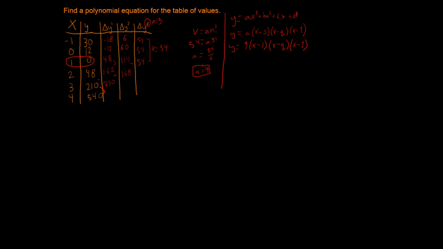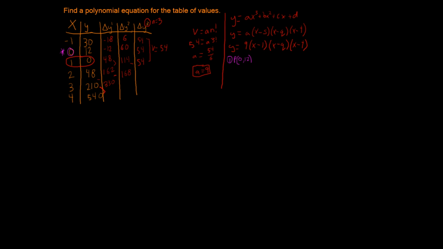We've already used the root, so the next point that I like is 0 and 12. The reason I like this one a lot is because we've got a 0 as our x value, so it's going to be really easy to simplify. So for equation 1, we're going to sub in the point 0 comma 12.